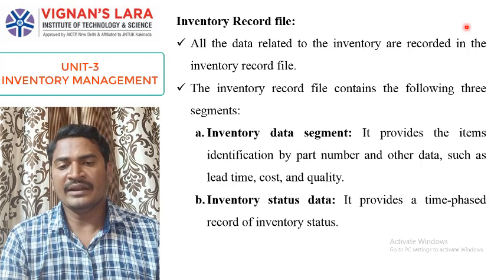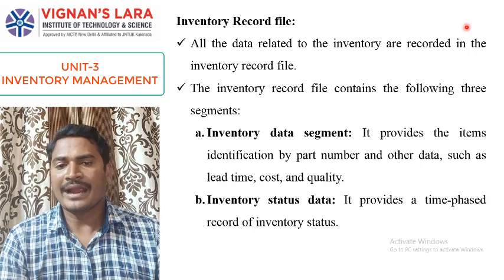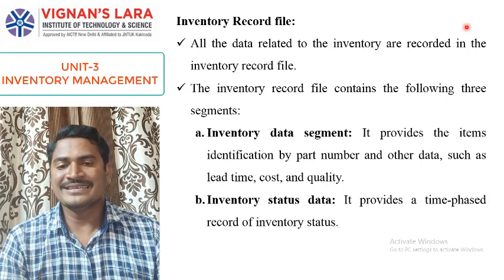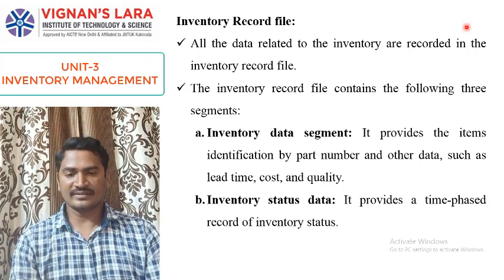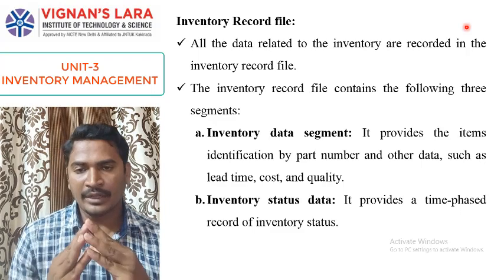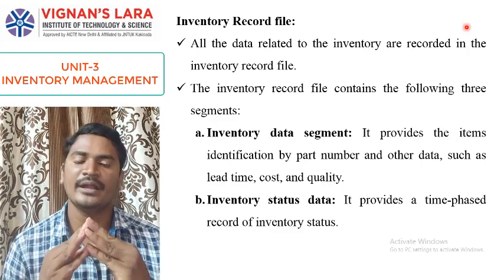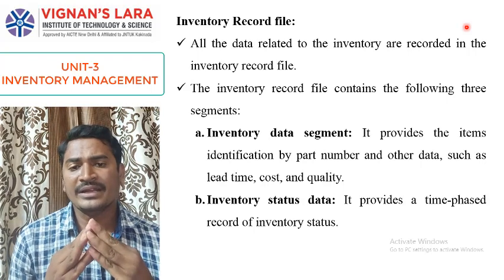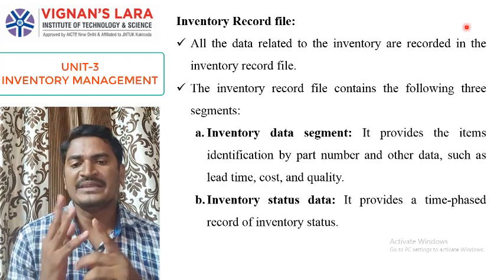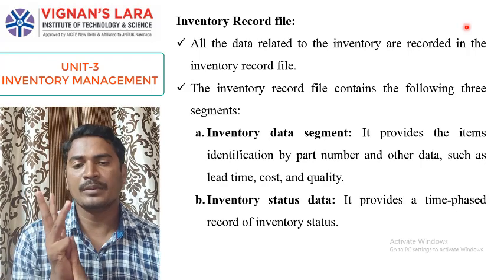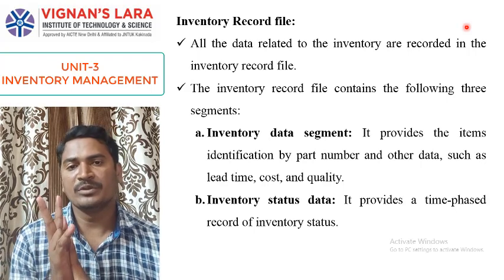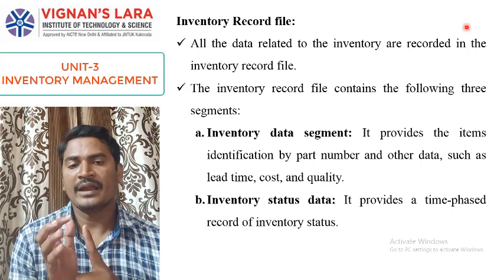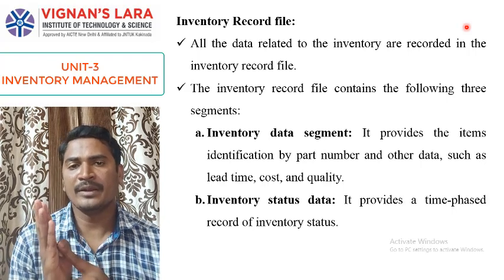This inventory data segment provides the item identification or part number and other data such as lead time, cost and quality. For example, we are producing a pen and we are giving a part number to that pen. We give the part number based on the cost factor. Some pens we prepare are 5 rupees pens, 10 rupees pens, and some 100 rupees pens. Also, we consider the shape of the pen.